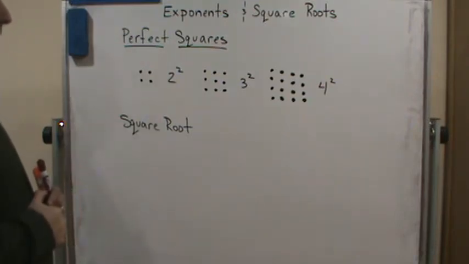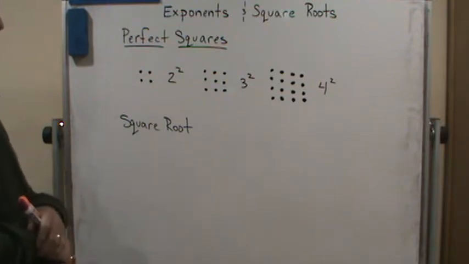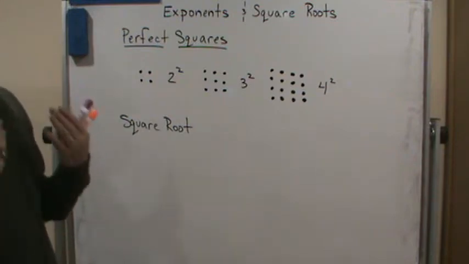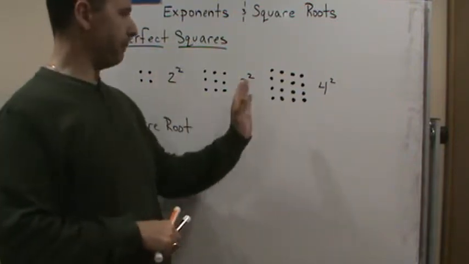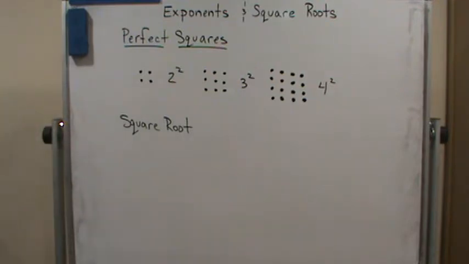And that's where we get this idea of 3 squared, 4 squared, and so on. So this is what we represent by perfect squares. A perfect square is any number that is a number multiplied by itself. That gives us what we call a perfect square.